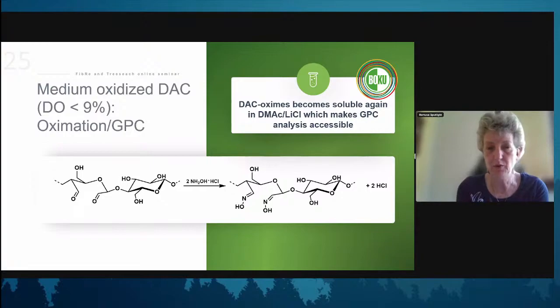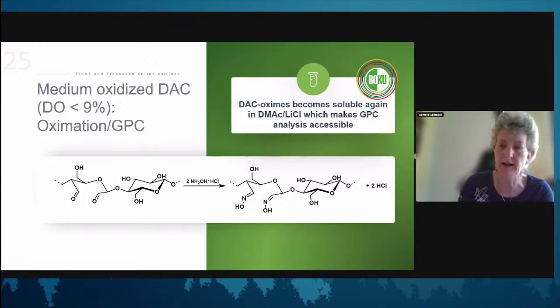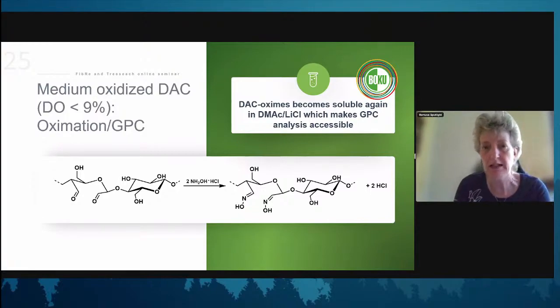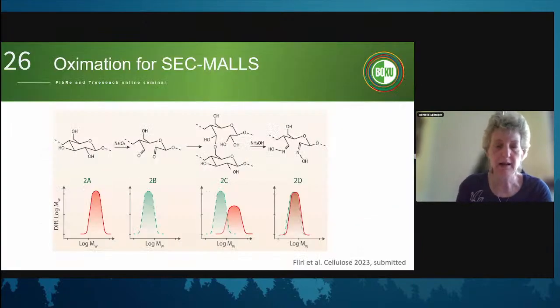One way of going around the problem is to prevent the oxidized cellulose from doing the crosslinking. We can do this by blocking the aldehyde groups with a simple oxime. So we cannot reform that crosslinking, and that should prevent our solubility issues.